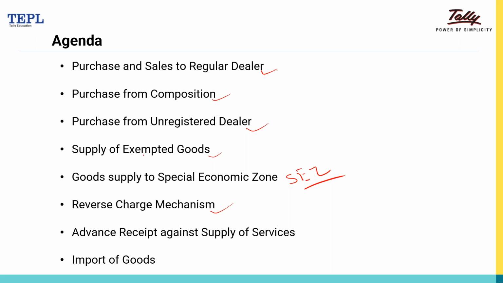So these are the topics. We'll start from purchase and sales to a regular dealer, which is a basic transaction. Then gradually we'll take purchase from composition, purchase from an unregistered dealer, exempted goods, goods supplied to SEZ or special economic zone, reverse charge mechanism, advance receipt against supply of services, and import of goods.